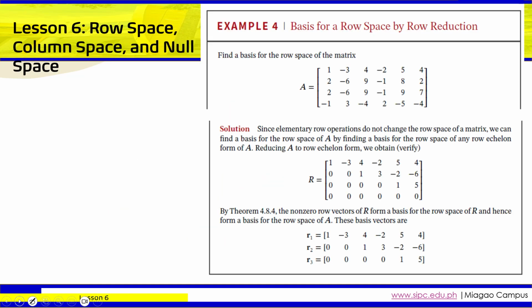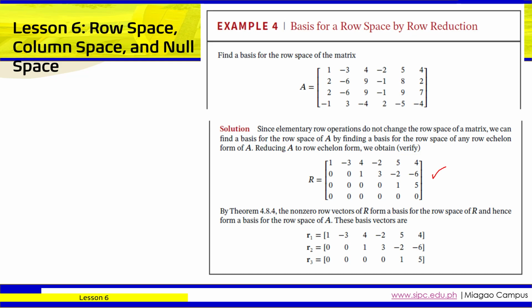Next, example number 4, basis for a row space by row reduction. Find a basis for the row space of the matrix. Actually, this is a 6 by 4 matrix, wherein you could see an elementary row space. You will use Gaussian elimination to come up with a row echelon form of matrix A. So you have already the answer here.